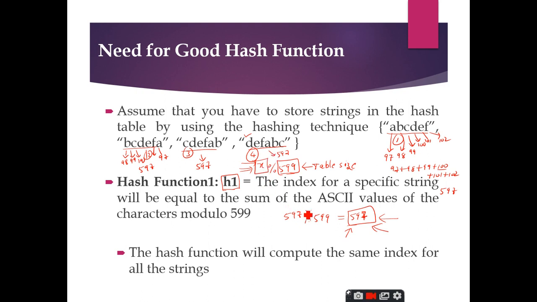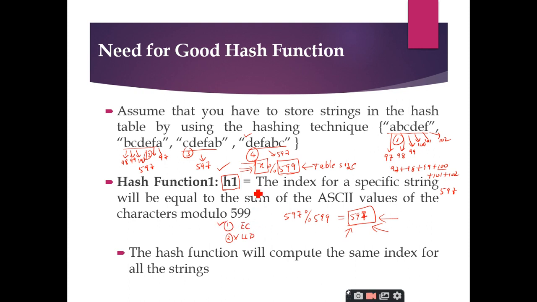So this particular hash function which I am defining, H1, is not up to the mark. Why? Because it is not distributing equally. Of course it is satisfying the first property. What is the first property? Easy to compute. EC stands for easy to compute.